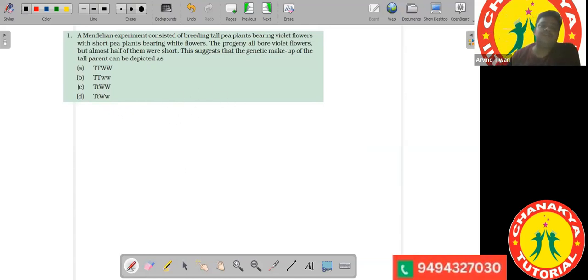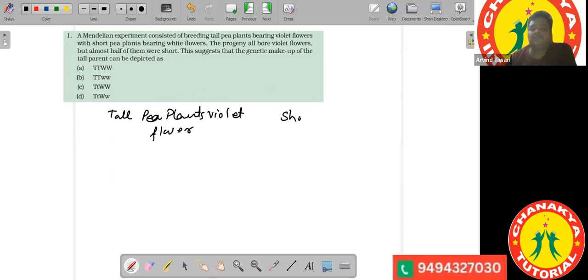Just read out the question, everyone. You have tall pea plants with violet flowers. You have short pea plants bearing white flowers.